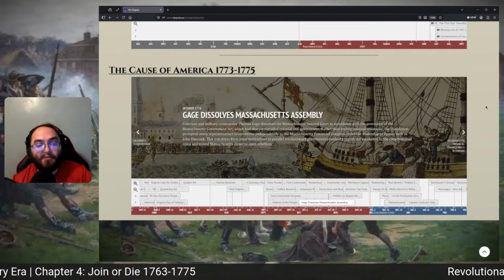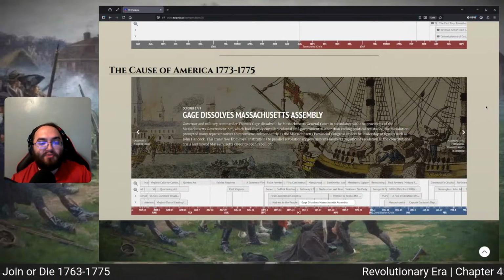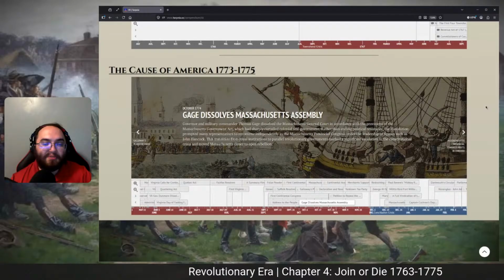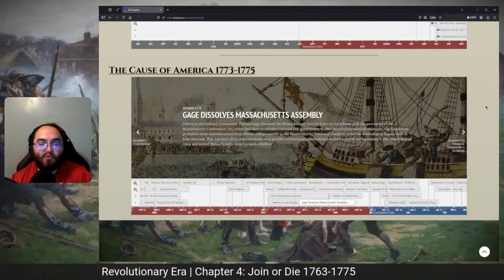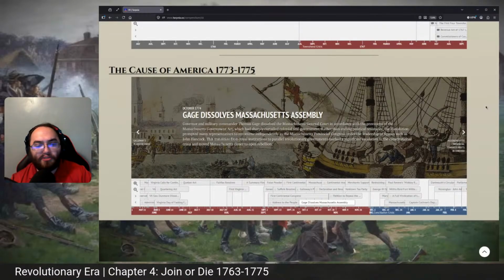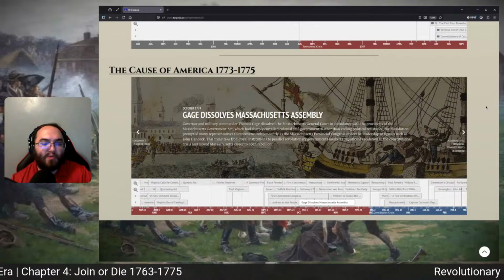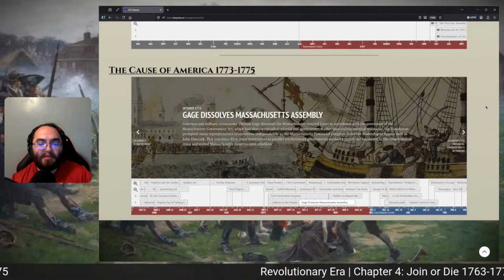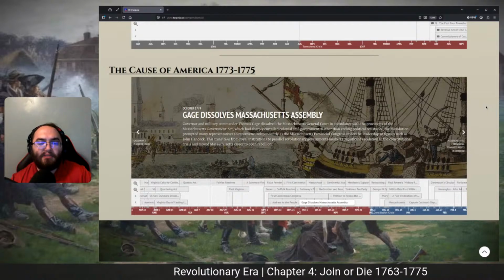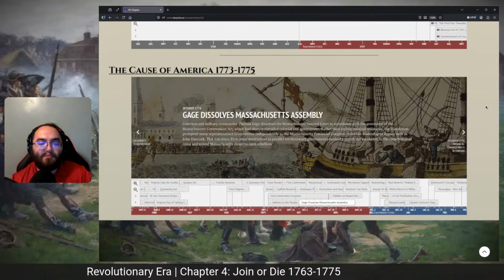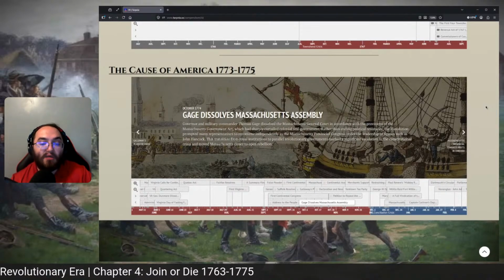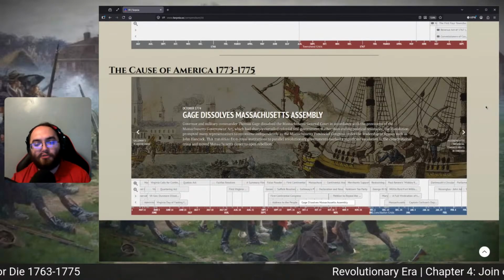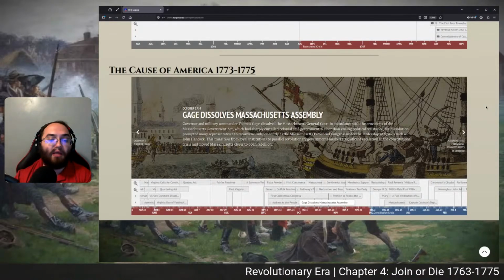Thomas Gage, the governor of Massachusetts, dissolves the Massachusetts Assembly. Again, Governor and military commander Thomas Gage dissolved the Massachusetts General Court in accordance with the provisions of the Massachusetts Government Act, which had sharply curtailed colonial self-government. Rather than ending political resistance, the dissolution prompted many representatives to reconvene independently as the Massachusetts Provincial Congress under the leadership of figures such as John Hancock.